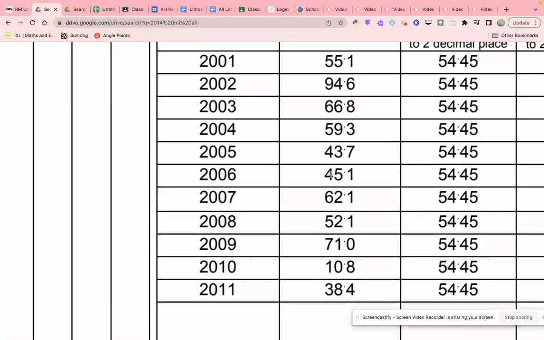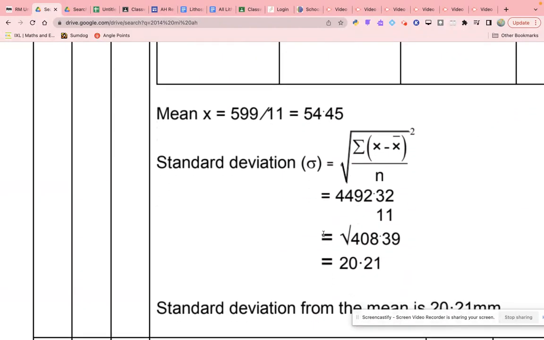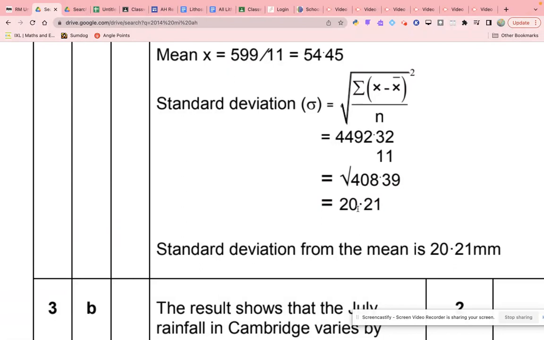But actually, we can see that the rainfall totals in July do vary quite significantly, which is why our standard deviation number is quite big. So this is quite a varied result. It's got a large variation around the mean. Whereas if this result had been something like 2 or 3 millimeters, it would have suggested that most Julys have a very similar rainfall total.